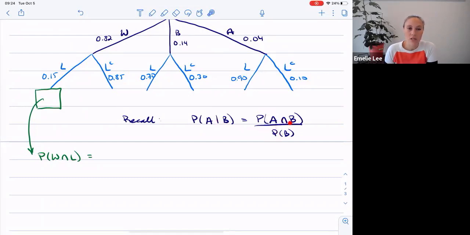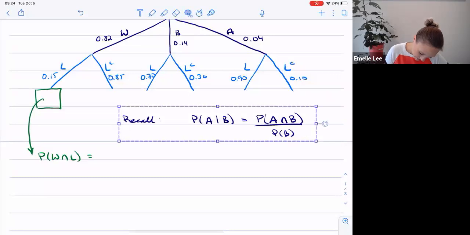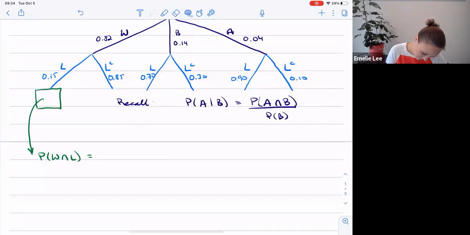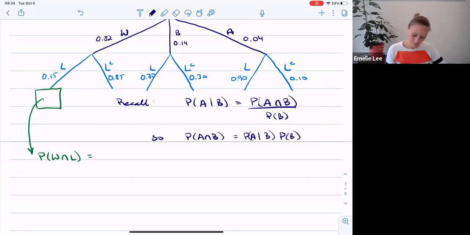So I can rearrange this for the probability of A and B by multiplying the probability of B over to the left-hand side. Then I do a switcheroo, that's fine. And I'll bump it up so it stays on the same page. So the probability of A and B is the probability of A given B times the probability of B.